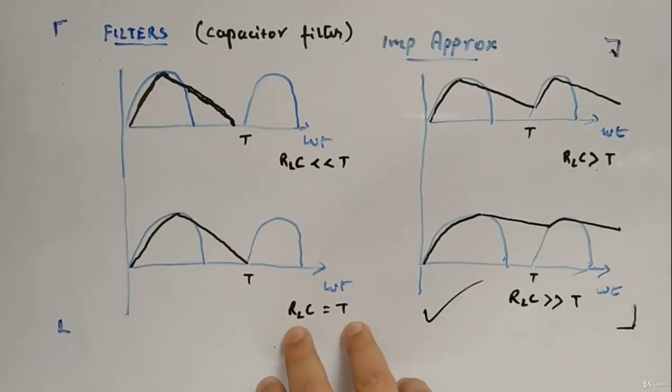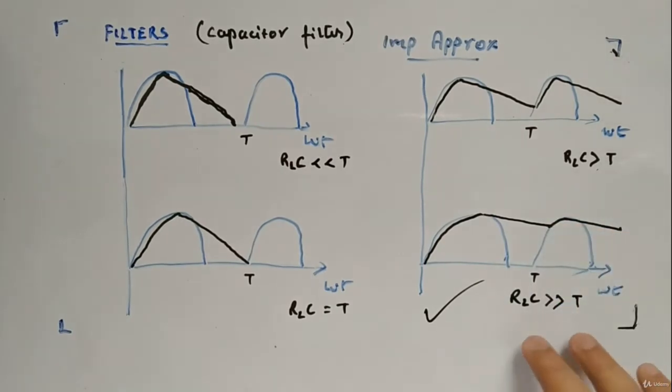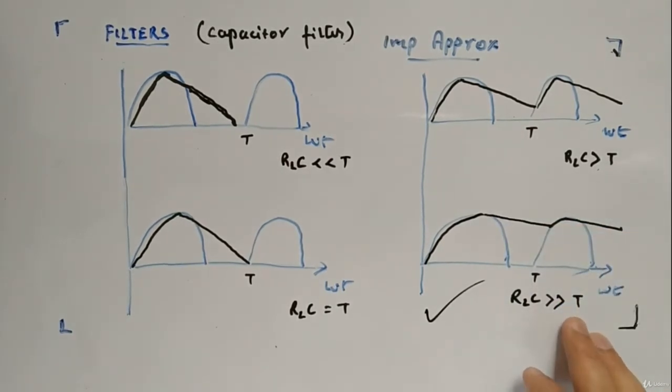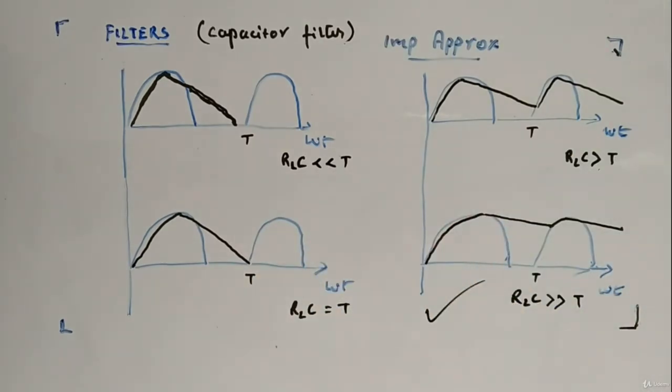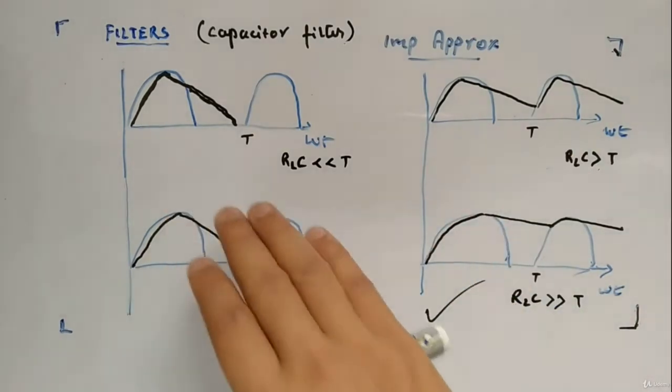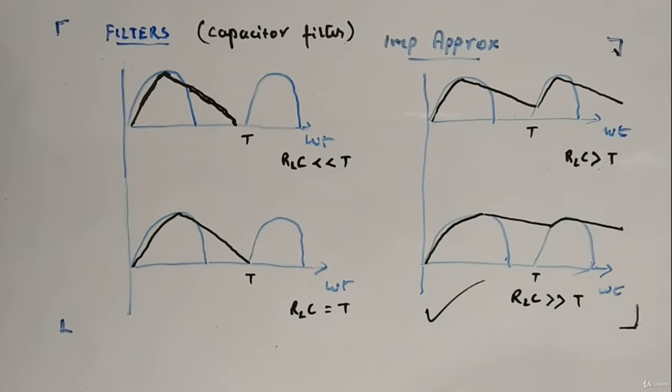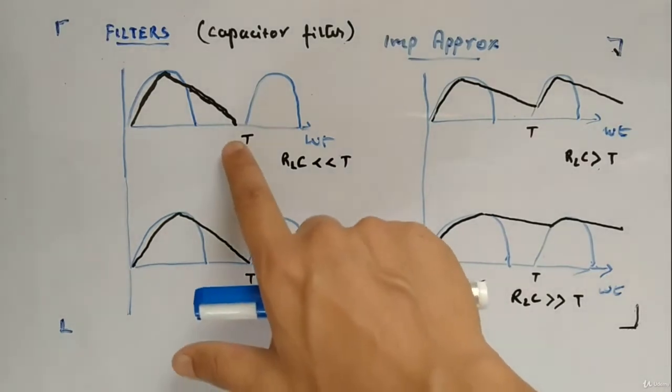Here also RLC is equal to T, RLC is greater than T, RLC is very very greater than T. The blue curves are the same, the rectifier output, and the black curves are the output given by the capacitor. So you can see the difference.